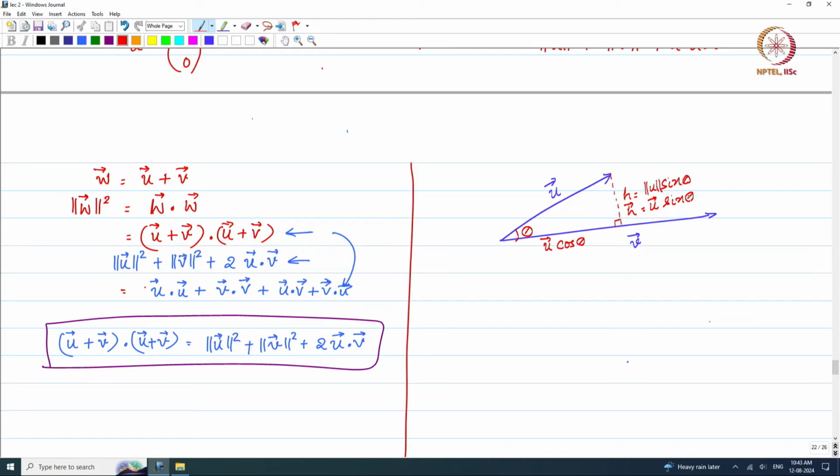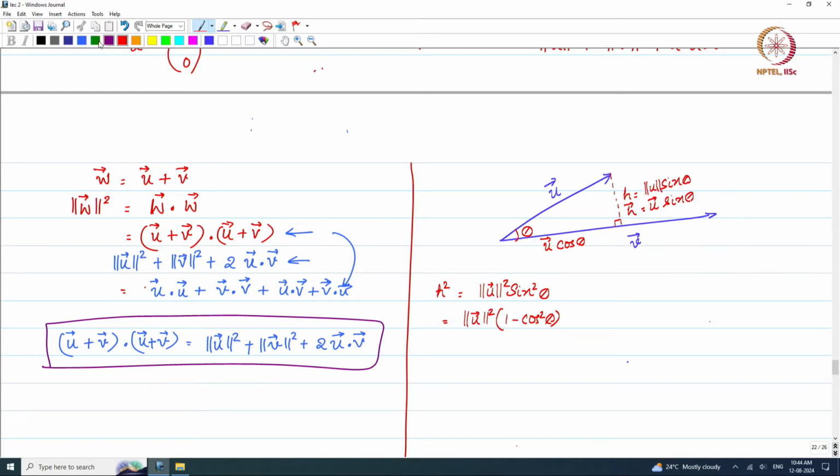So h squared is equal to the squared length of the vector u times sin square theta, which is also the same as the length squared times 1 minus cos square theta, right.